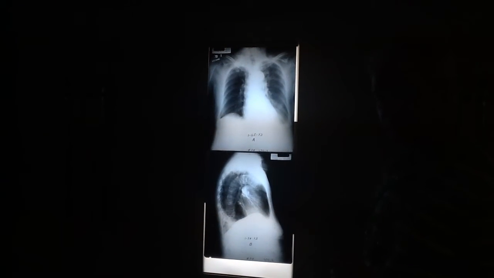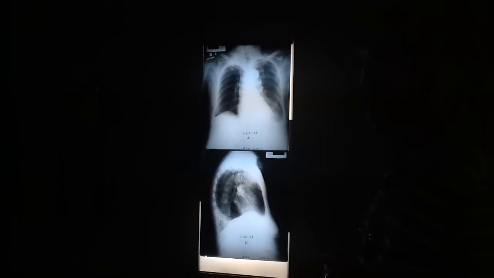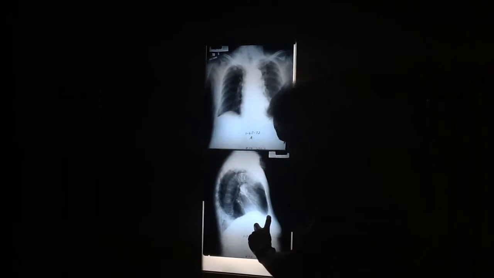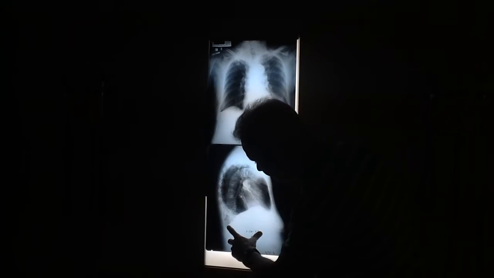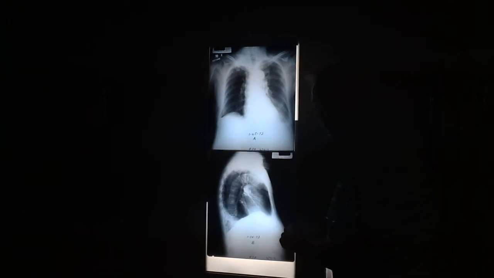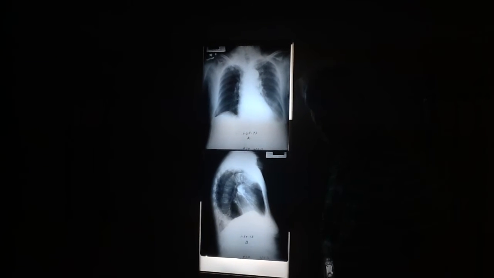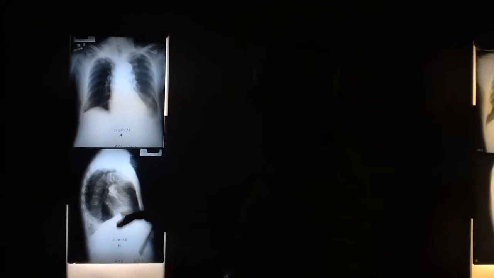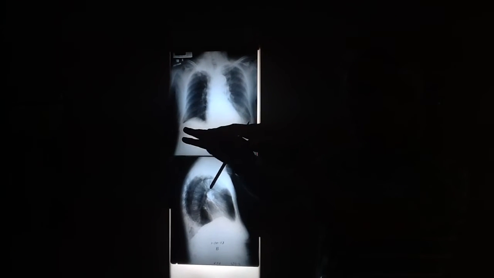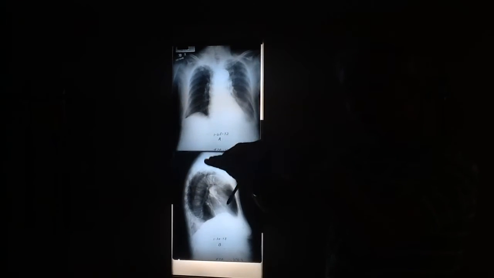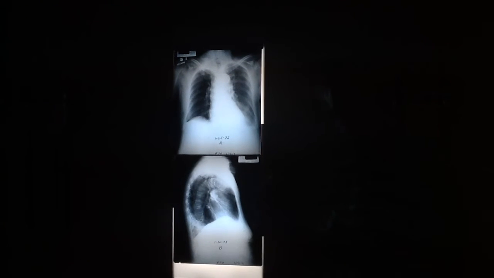Only one. That's a continuous border, and I only see one of them. The other one I can't see, and usually you can see both of them. They may be superimposed, but usually you can see them. I can only see one of them, and so which one am I seeing?